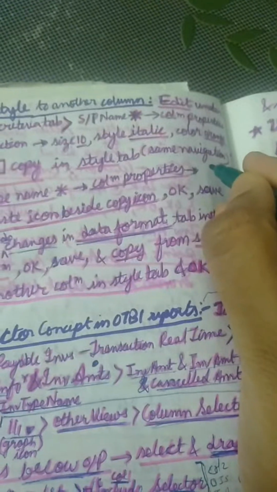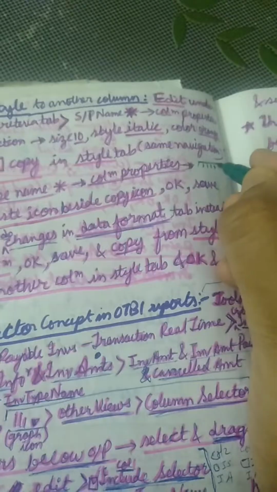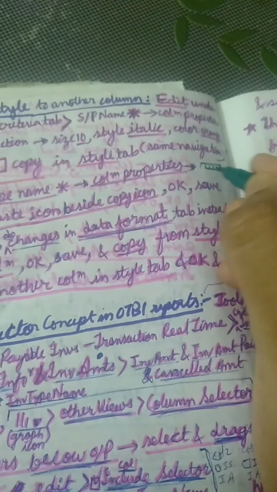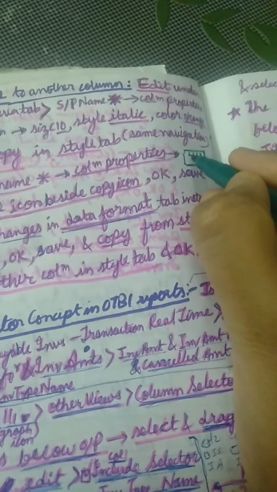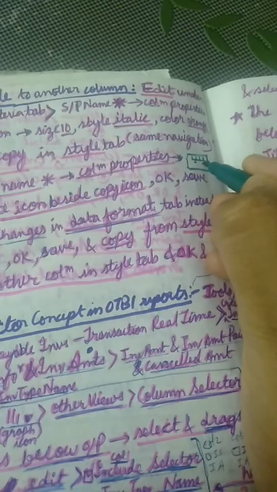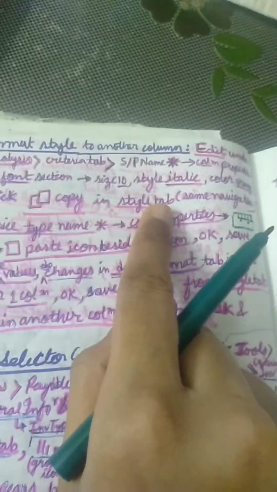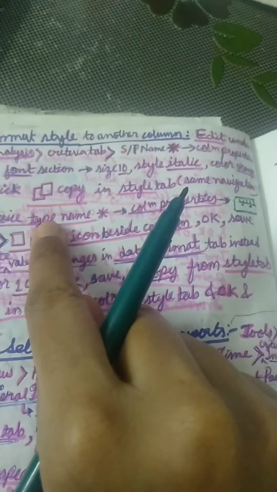We've gone to column properties, and you have 5 tabs: 1, 2, 3, 4, 5. My first, the column style tab, is open. In the top, or usually on this side, you have a copy option. So now click on copy in the style tab. It has the same navigation, and click next again.